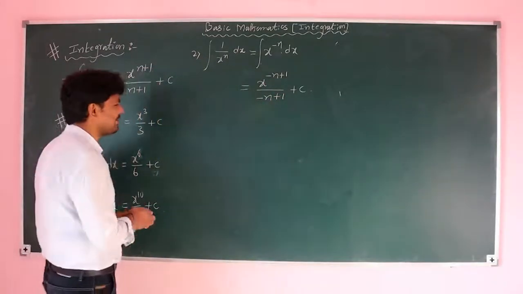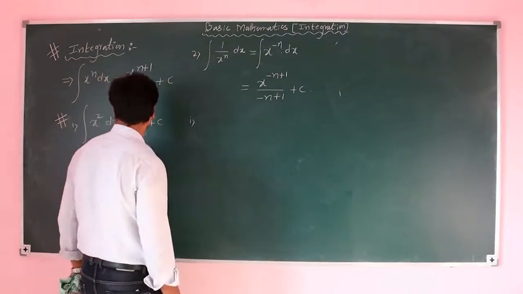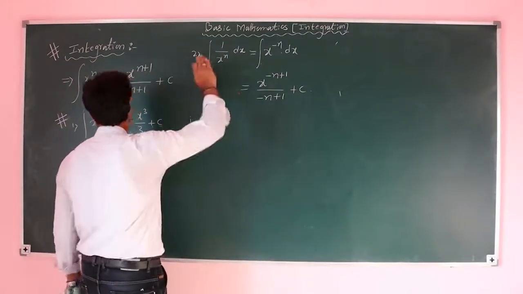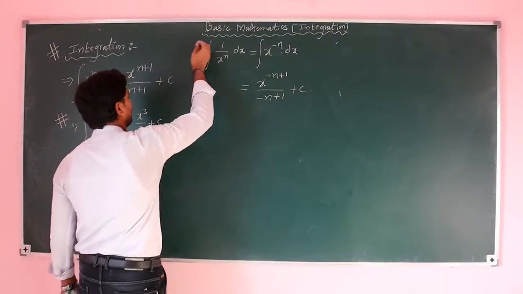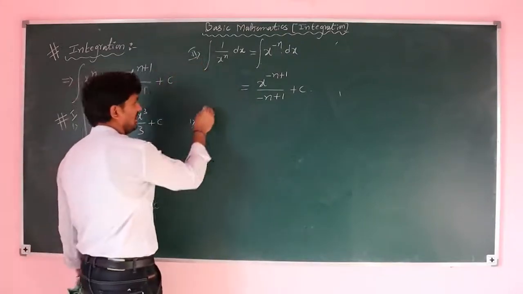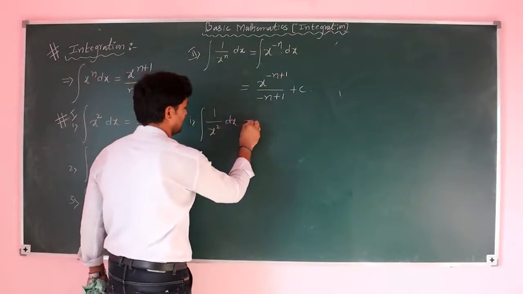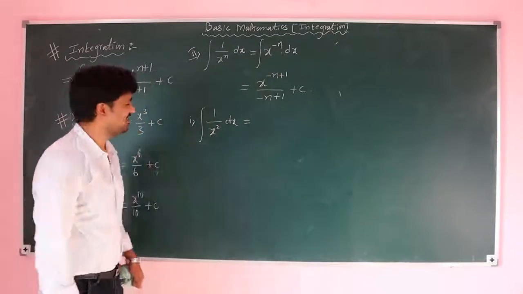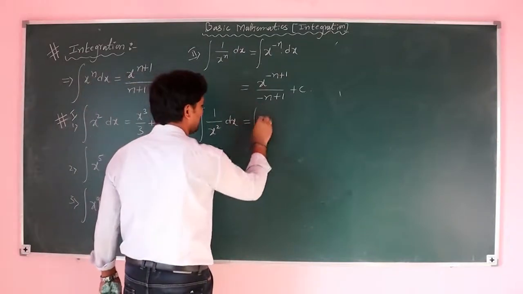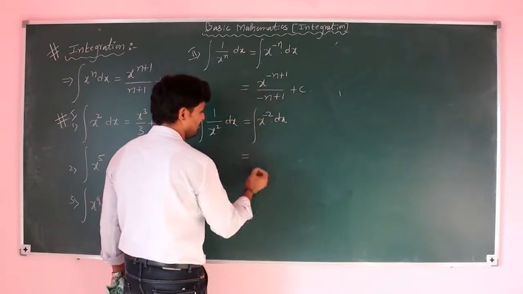And we will take some examples here. For example, integral 1 by x square dx. 1 by x square, what can we write? x to the power of minus 2 dx.